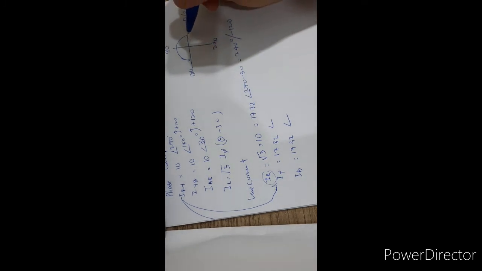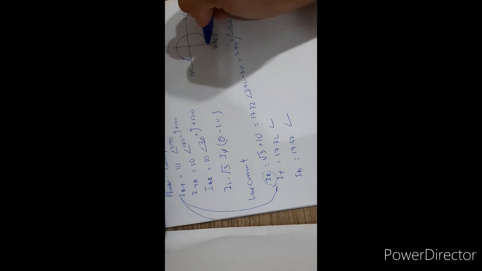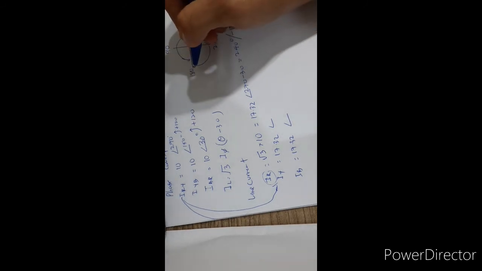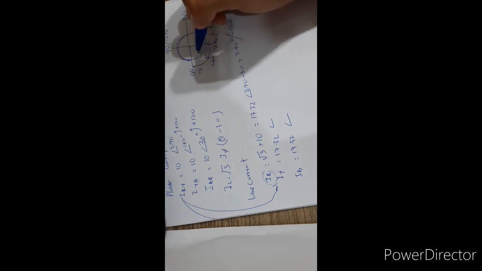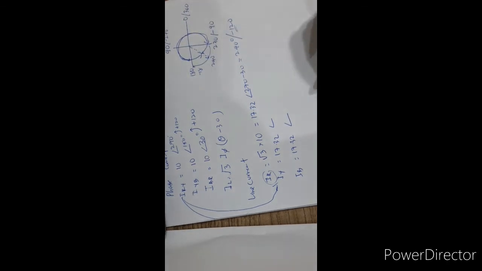If we read clockwise, this is negative 90, negative 180, and negative 270. Negative 270 is 360 minus 270. So 240 equals negative 120: this is 240 if we read anti-clockwise, and from the clockwise it becomes negative 120.